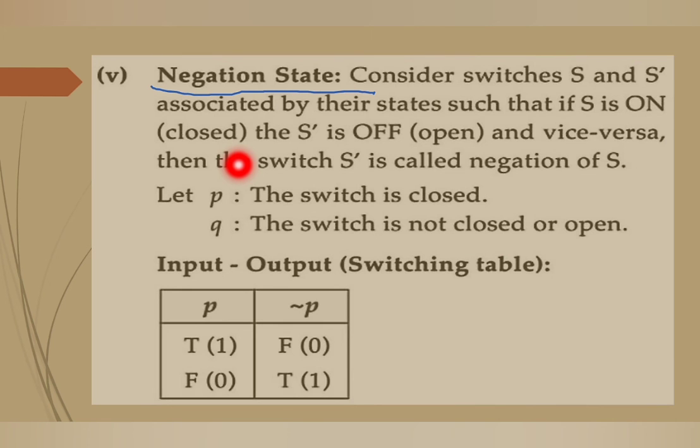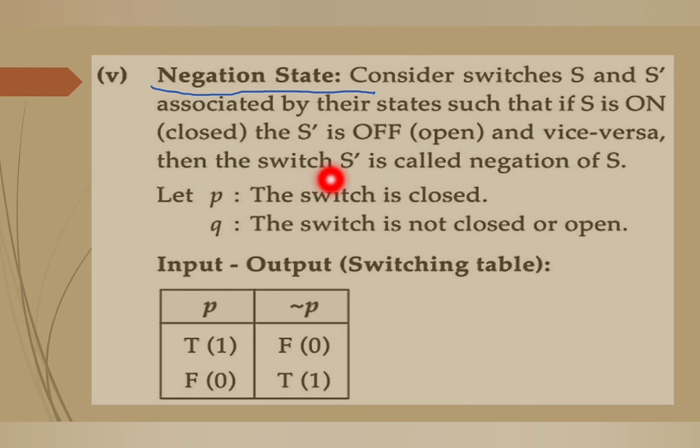Next, negation state. Consider switches S and S dash associated by their states such that if S is on, closed, then S dash is off, that means open, and vice versa.